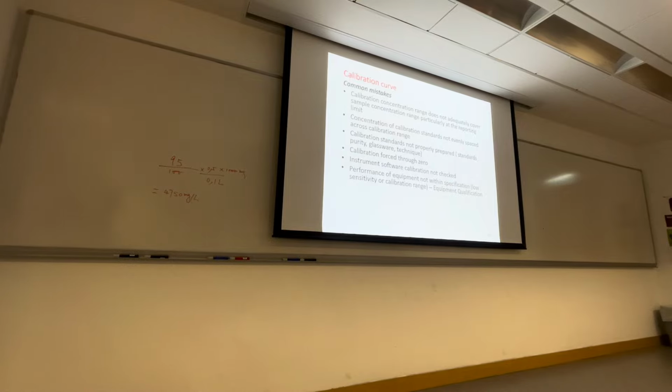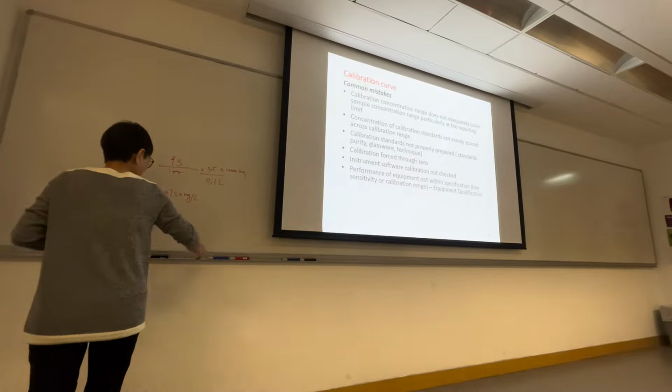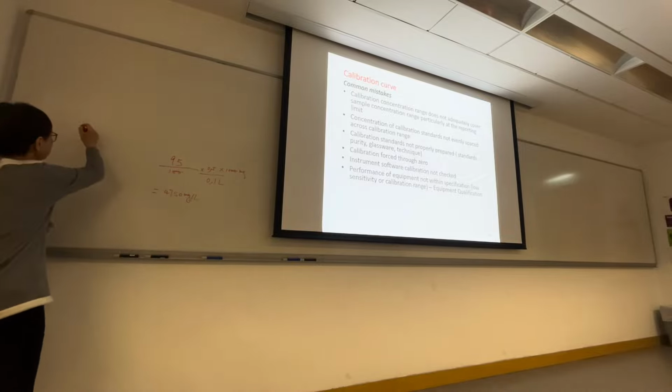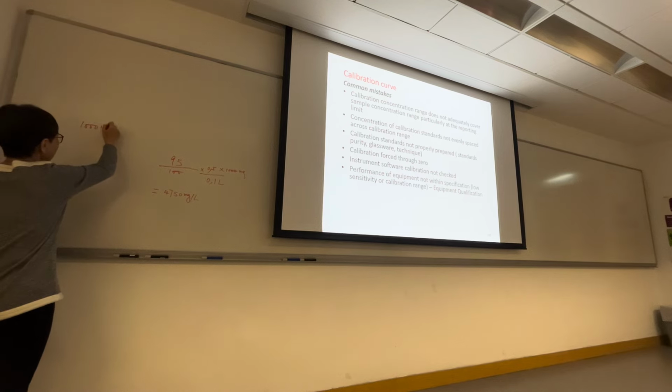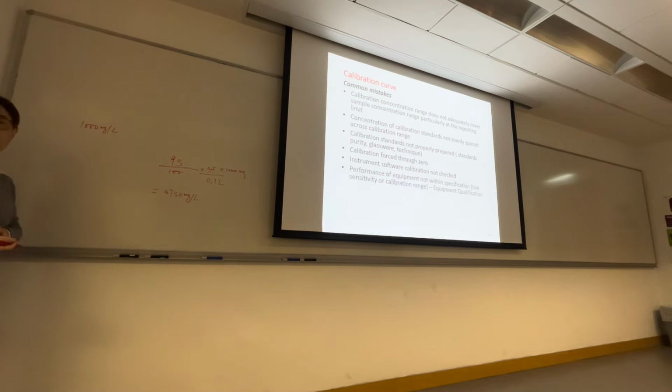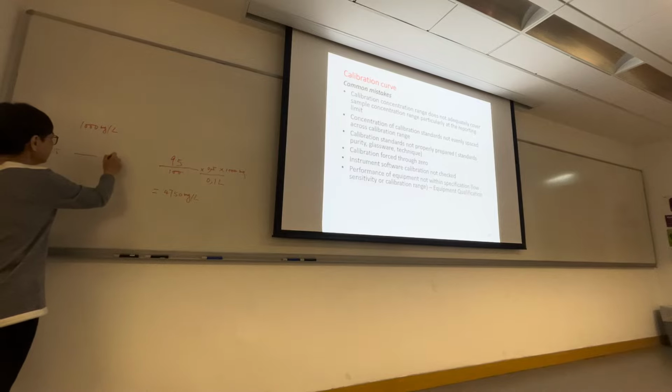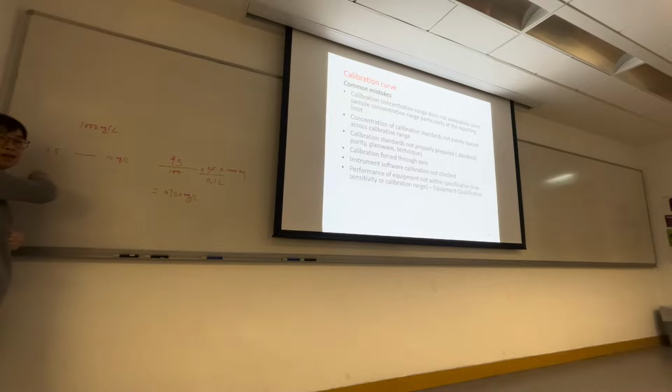So for one of the assessments I went to, I asked them, where is your stock? 1000. Then what concentration is your intermediate? We don't have any intermediate. And their standard solutions, I think, should be somewhere from 0.5 to maybe 10 mg per liter. Then I asked them, how do you prepare 0.5 directly from 1000?